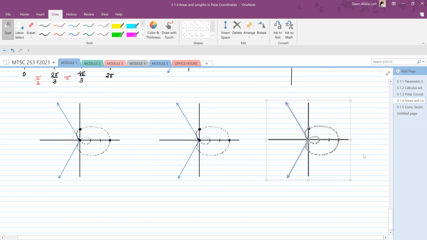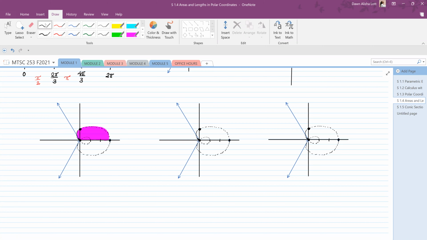Okay, so if I do the integral from 0 to 2 pi over 3, it's going to give me all of this. It's going to go down here, and it's going to give me all of this area in here. Just like that. So I'm going to get that.